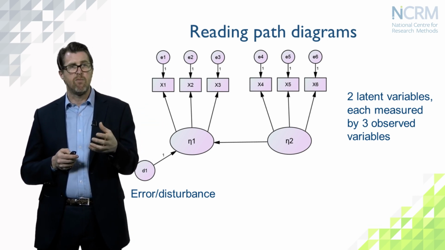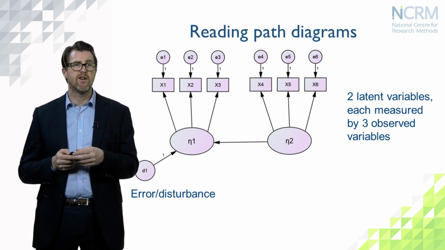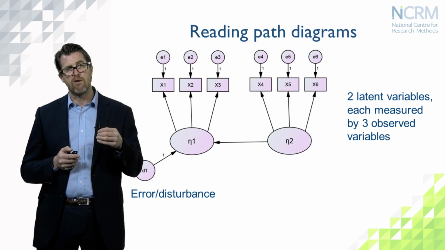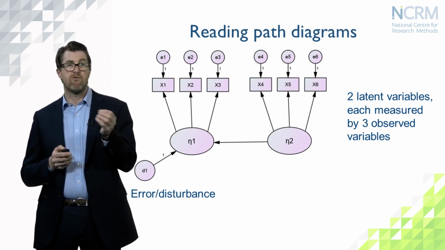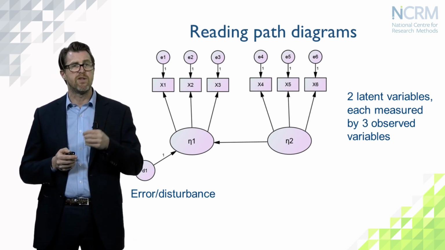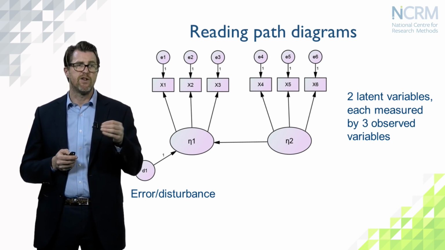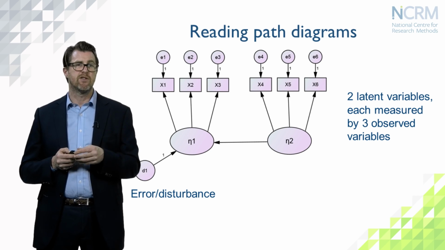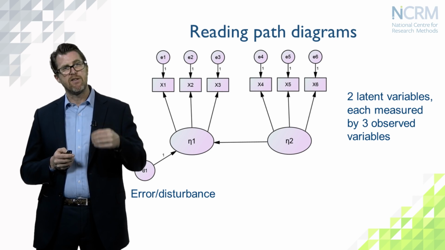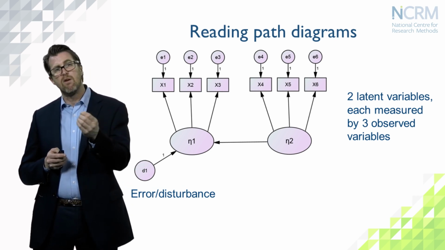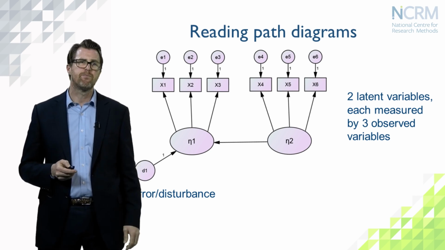And this again would be similar to the first diagram that we saw, a bivariate relationship, a bivariate regression, with eta1 regressed on eta2, and we would then solve for the unknown beta coefficient above the straight line with the arrow at the end. But as I said, this is now a bivariate regression of a latent variable onto another latent variable.